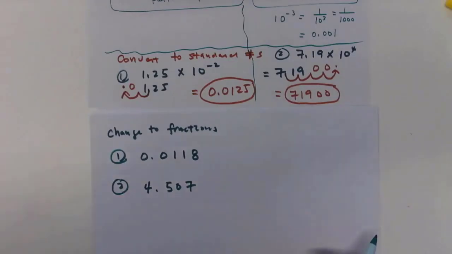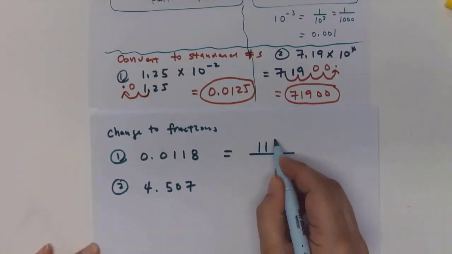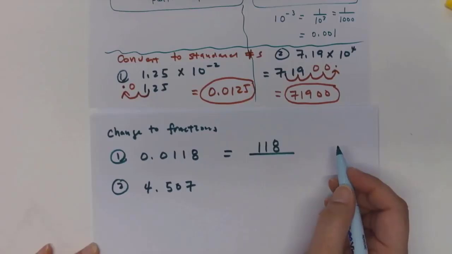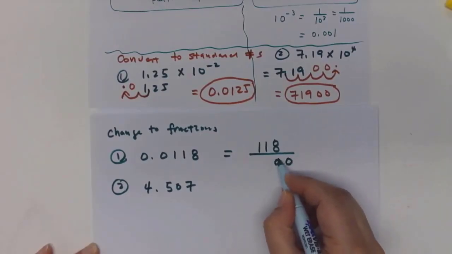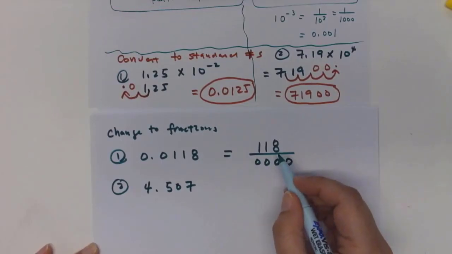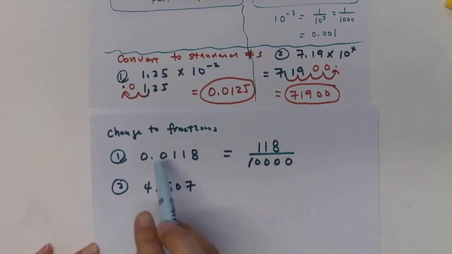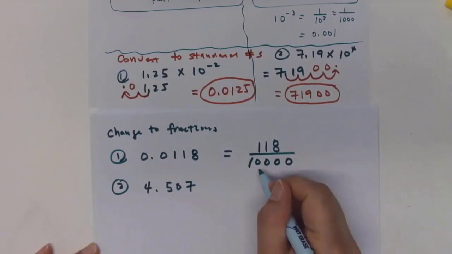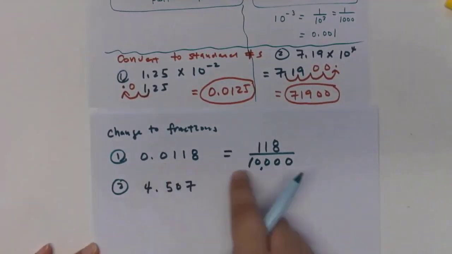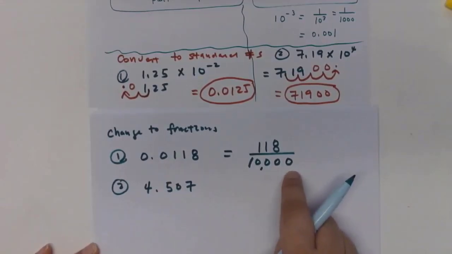What's on top? 118. At the bottom, how many zeros? You say 4, but you sound so unsure. 1, 2, 3, 4. Is it right? This is your 10, 100, 1,000, 10,000, right? So 10,000 sounds correct. 4 decimal places mean 4 zeros here. That's how I remember it.